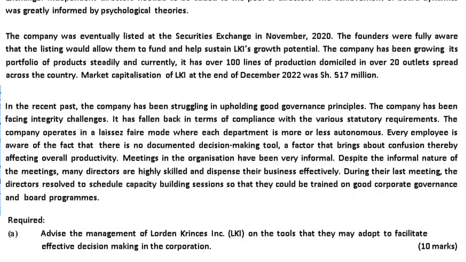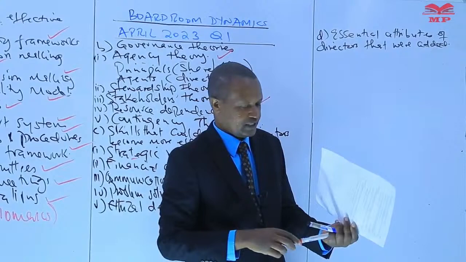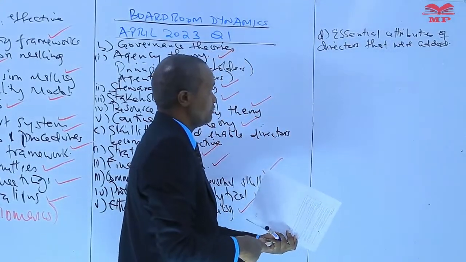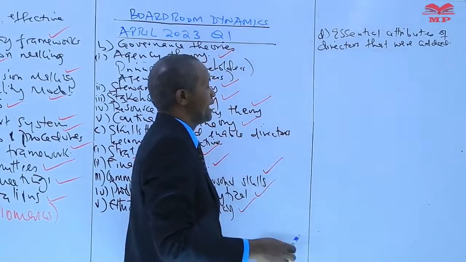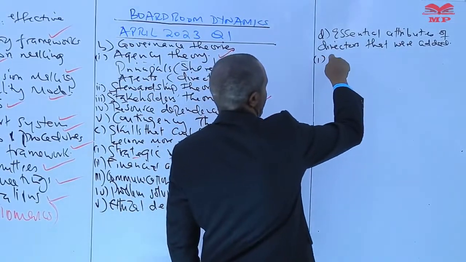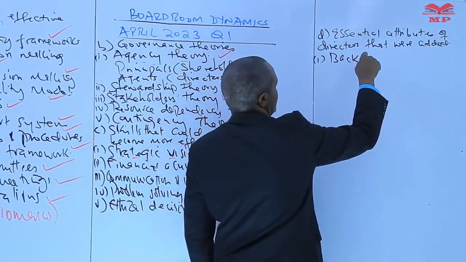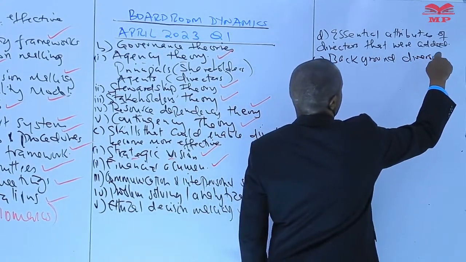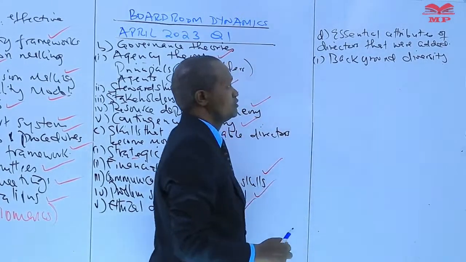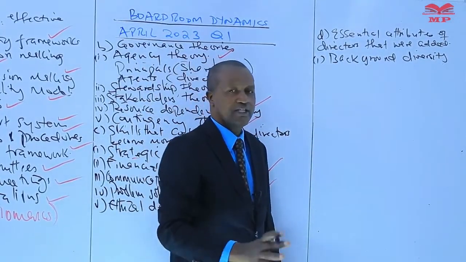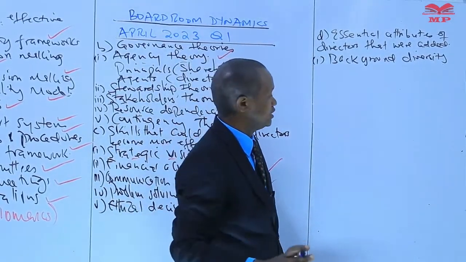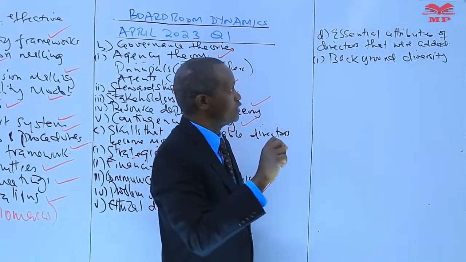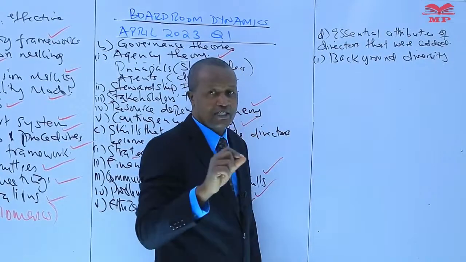The first attribute is diversity in background. When new directors were recruited, one important attribute that was looked at was the diversity in their backgrounds.